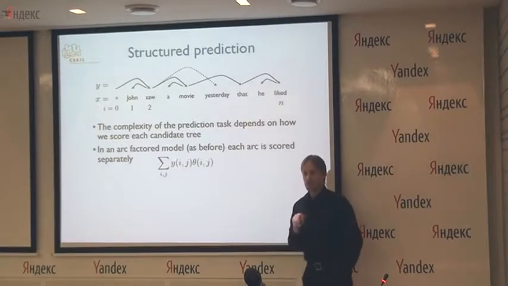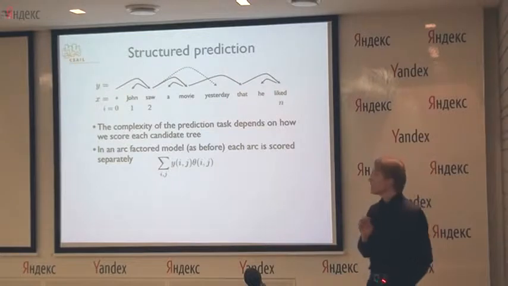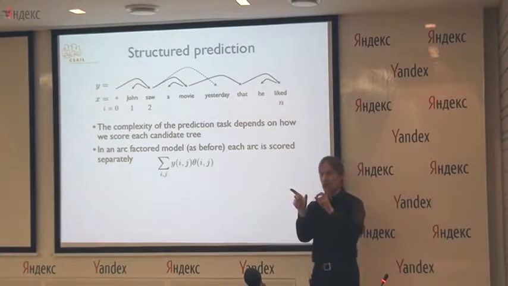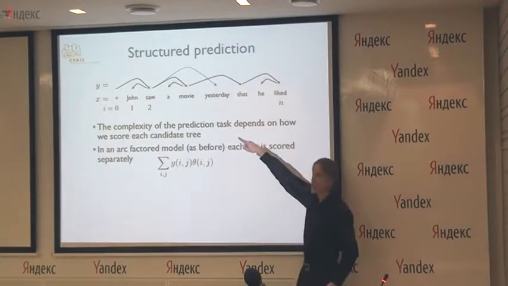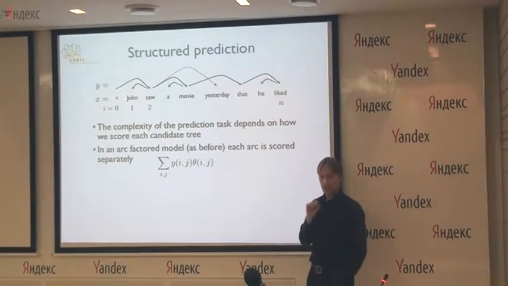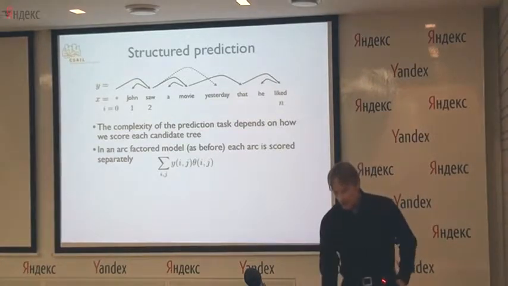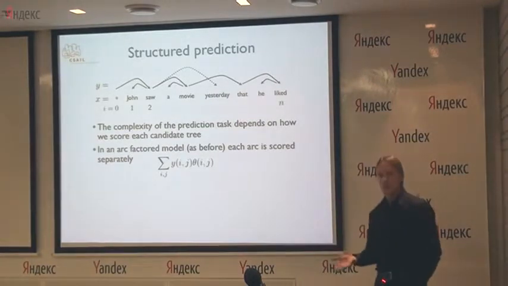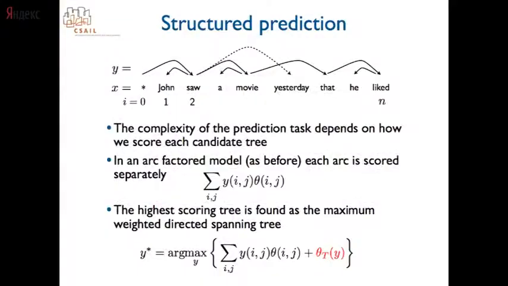For example, what it does not do is couple the selections of arcs, so the scores don't change if there is one arc already chosen in the tree. In this arc-factored model, it turns out that you can make the prediction in polynomial time by just applying standard maximum weighted directed spanning tree algorithms, the Edmonds algorithm.